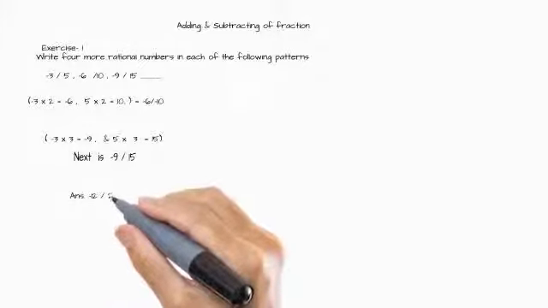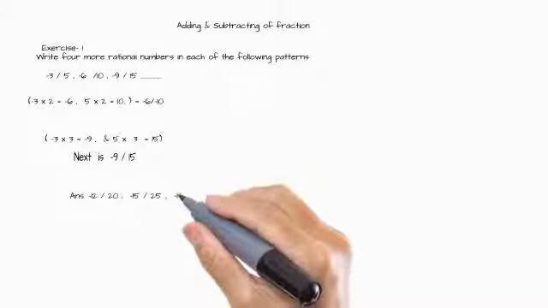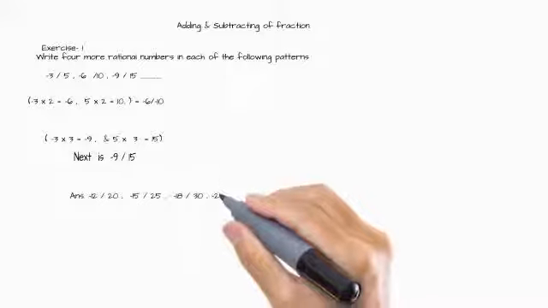Then what will be next? The next number is 4. That means multiplying by 2, 3, 4, 5, 6 and 7 continuously. Then the answer is -12/20, -15/25, -18/30, and -21/35.